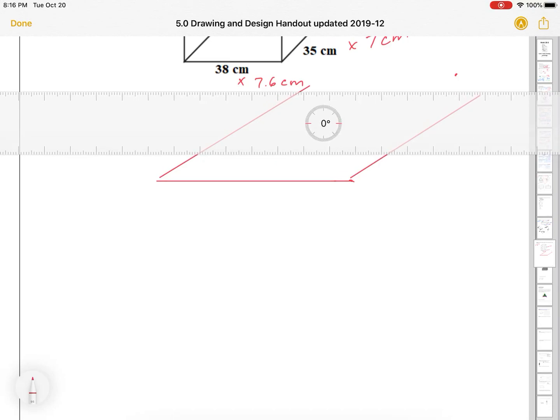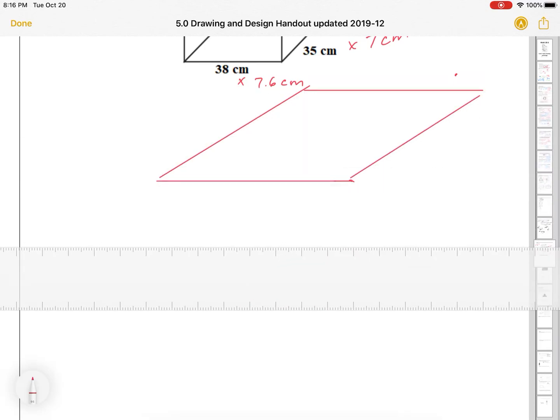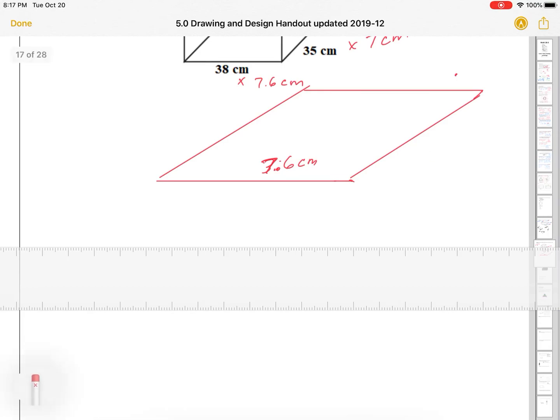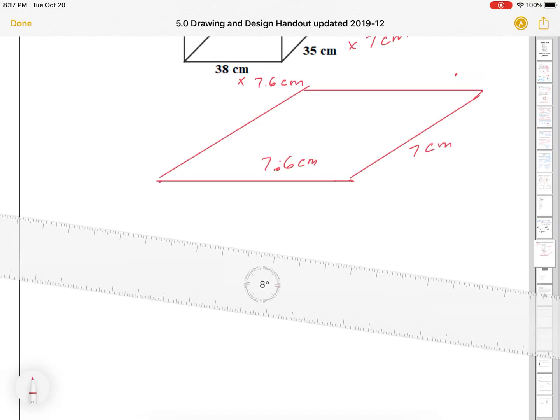I think I messed up my angle a little bit. Okay, so this is the top, which is 7.6 centimeters by 7 centimeters. So that's the top, right?